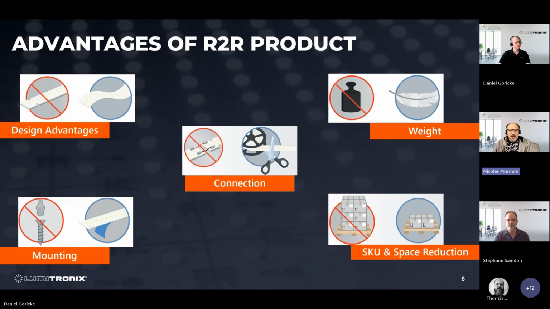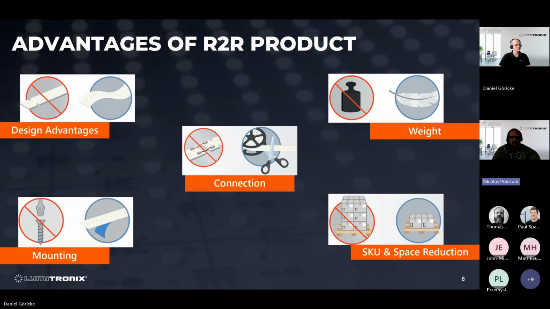Also, if you are thinking about the number of product SKUs, it can replace several different rigid PCB board sizes, and in terms of space and storage, it's very compact and very low weight. So it takes less storage space compared to a lot of boxes with different LED boards.